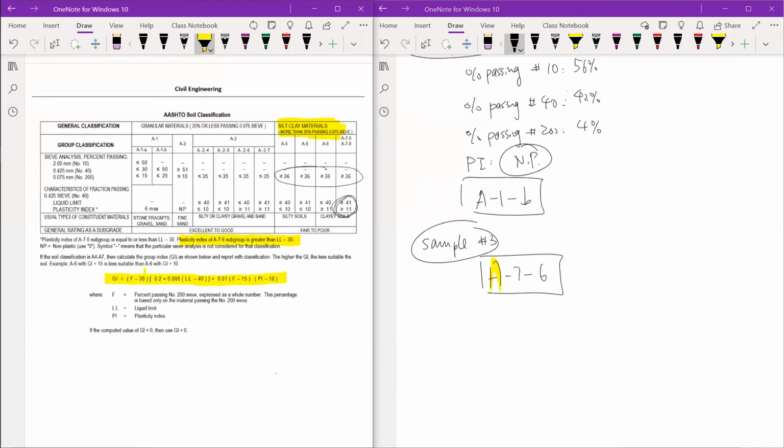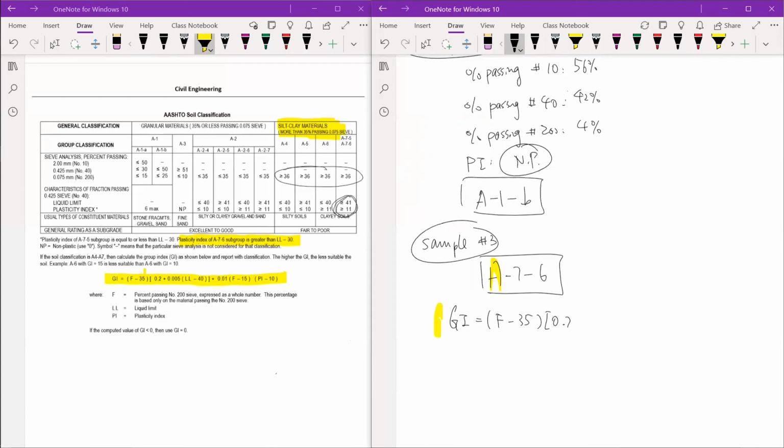We can also further investigate our GI value given the formula here. If we put in the percent passing number 200, liquid limit and plasticity index, we can find our GI value. GI equals (F minus 35)(0.2 plus 0.005 times (liquid limit minus 40)) plus 0.01 times (F minus 15)(PI minus 10). PI we know is 14, F, the fines content passing number 200, is 70%, and the liquid limit is 48.